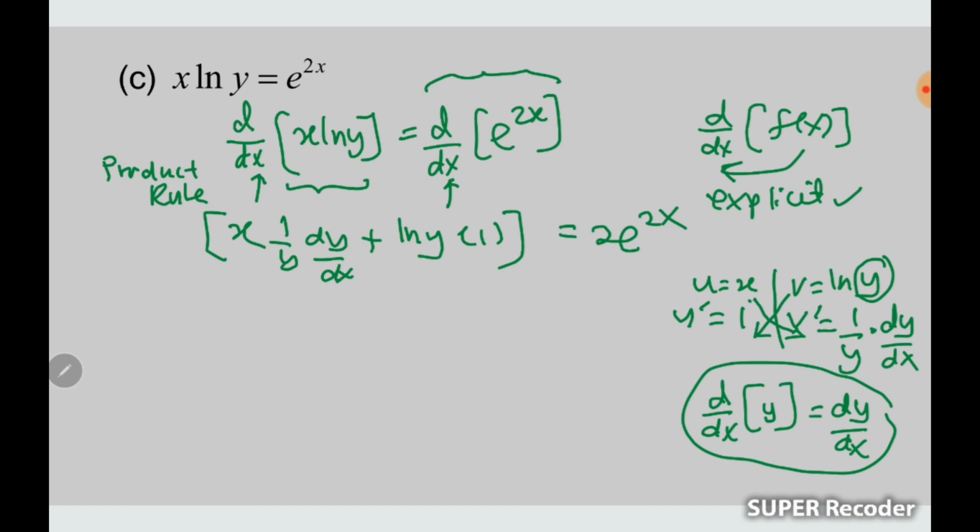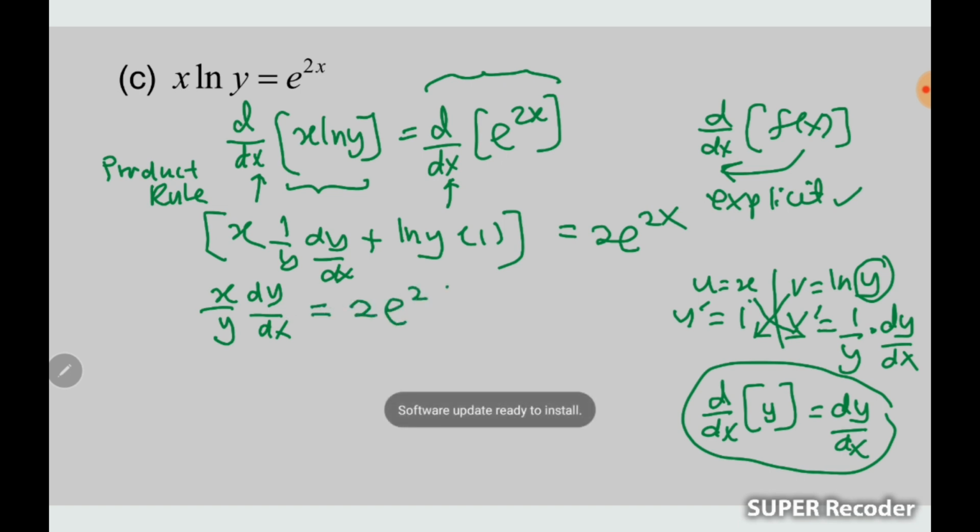Now you have to bring dy/dx to your left side, and the other term to your right side. So (x over y) dy/dx remains on our left side, whereas ln y I will bring to the right side, so we have to minus ln y.